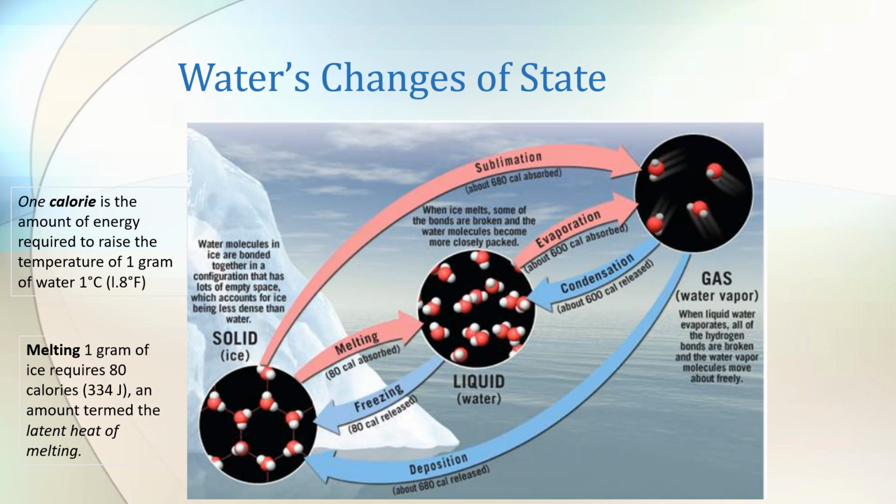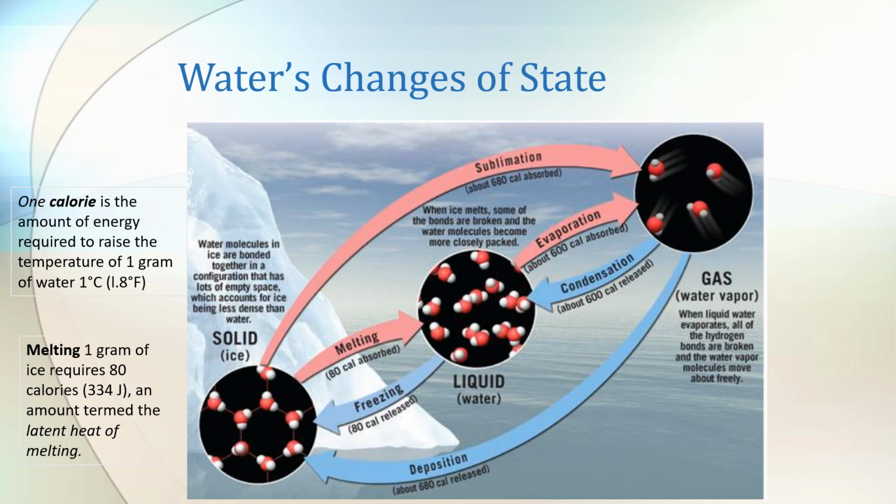This amount of energy required is termed the latent heat of melting. If you remember, it's called latent heat because it's hidden heat.